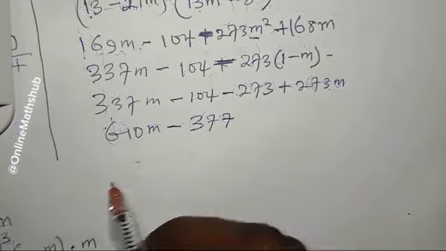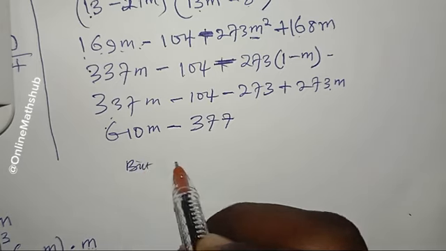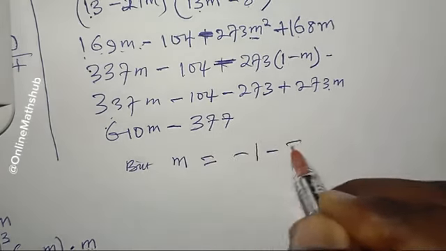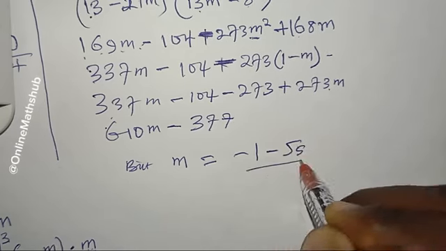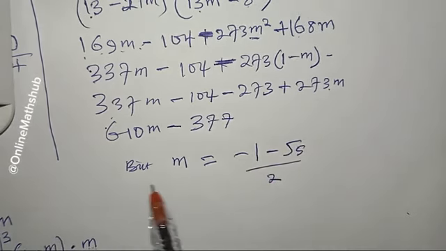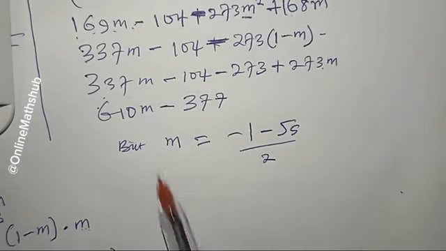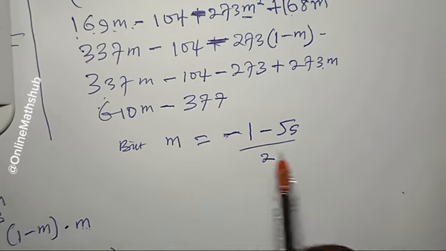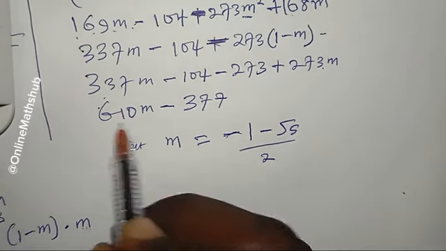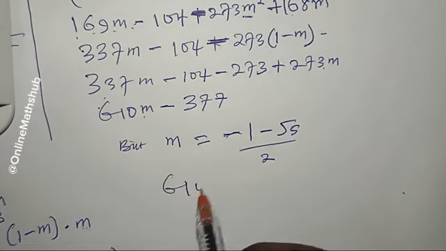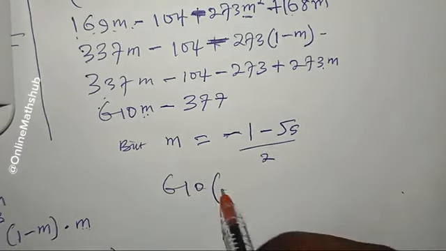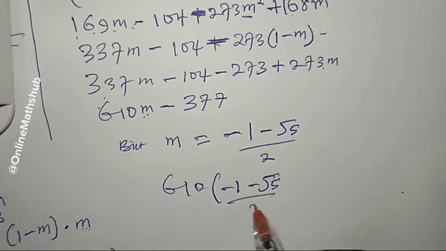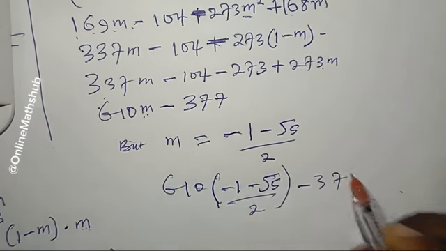Okay, so this is what we have at this point, but don't forget that we actually set our m to be equal to minus 1 minus root 5 divided by 2. So what we're going to be doing is just to go ahead to substitute the value of m so that we can find the value of the expression we are solving. Okay, so doing that, if I put that right here, so I have 610. Instead of m, I'm going to write this minus 1 minus root 5 divided by 2 minus 377.